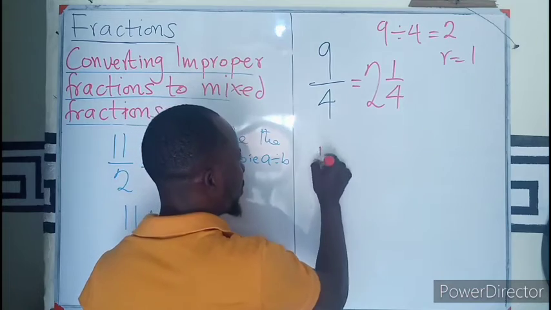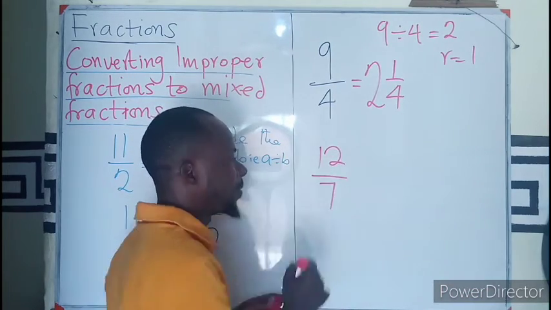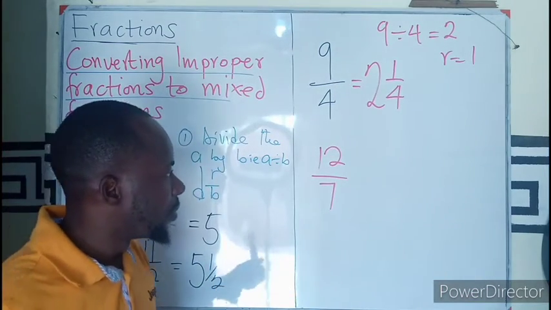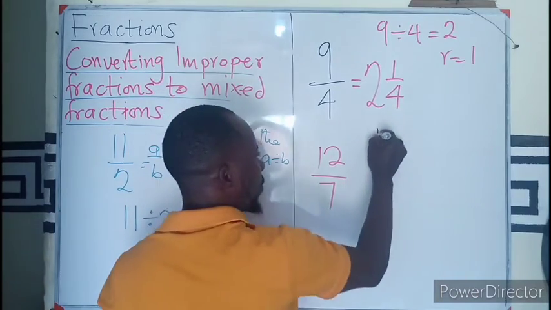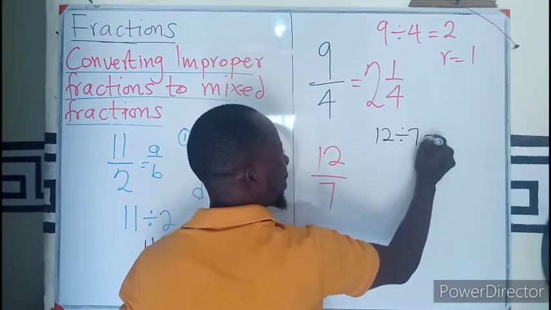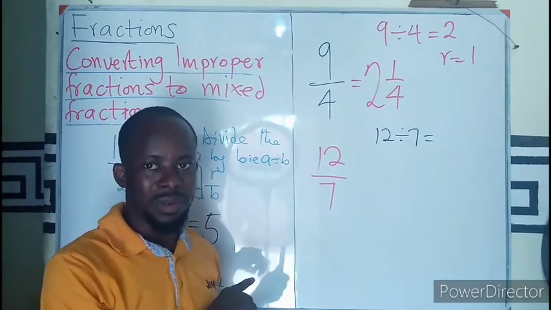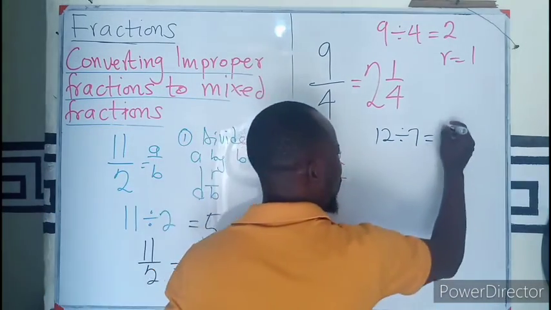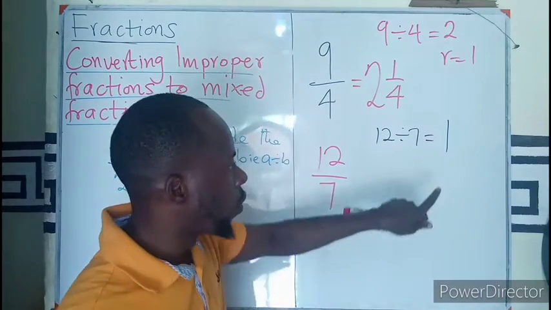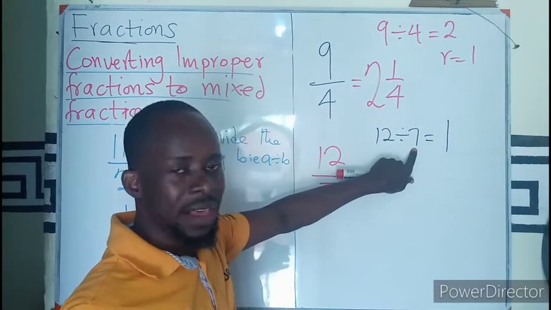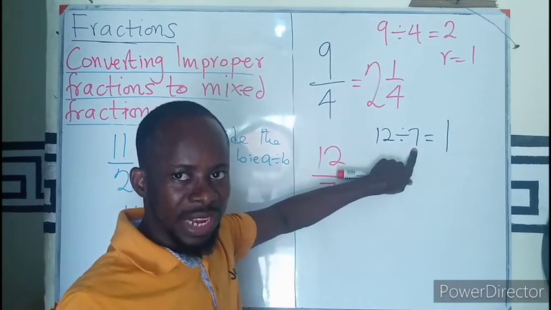Now, let's take 12 over 7. Per the rule, it will be 12 divided by 7. How many groups of 7 can we get in 12? I believe that will be only 1. So 1 will multiply the 7, we will still get 7.